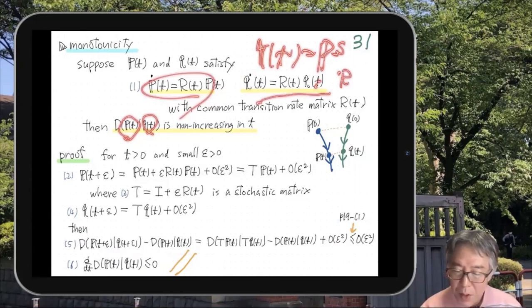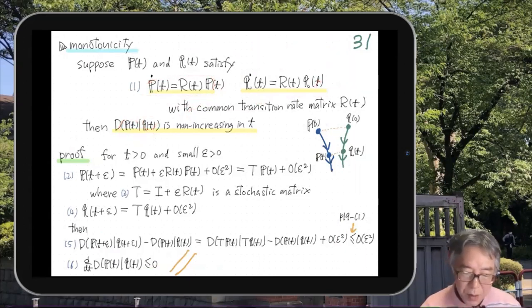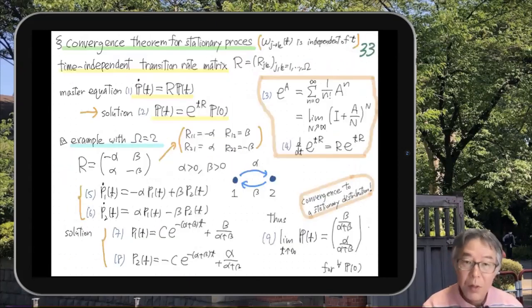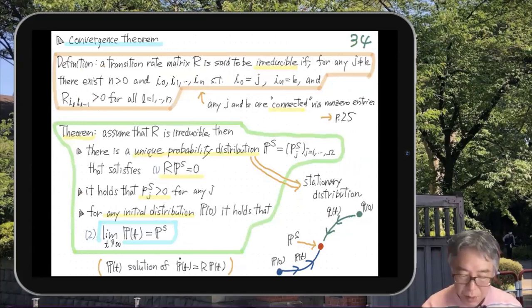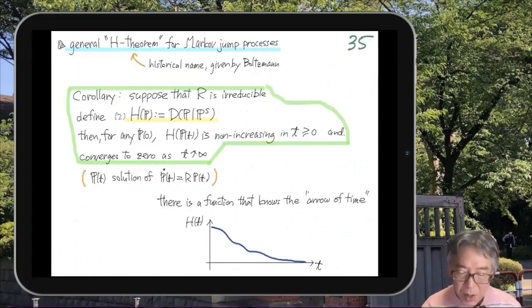Of course, R PS is 0, so its time derivative is 0. So the special case of this is here, and this is non-increasing in t. So we get this non-increasing monotonicity behavior, and we also know that it converges to 0.